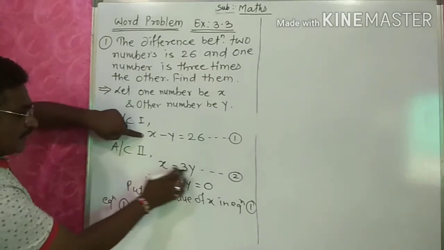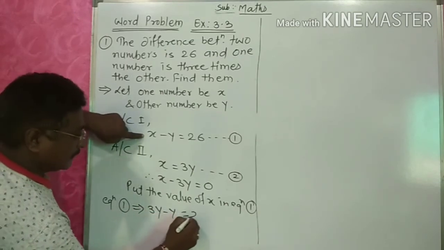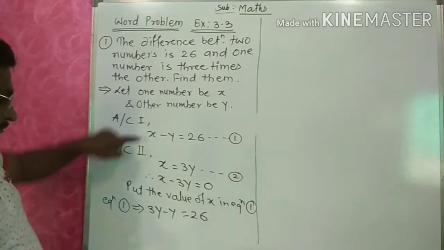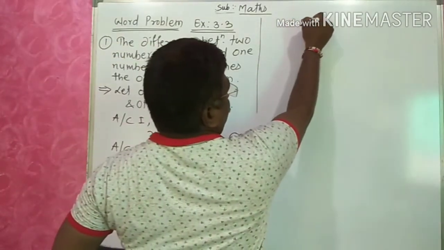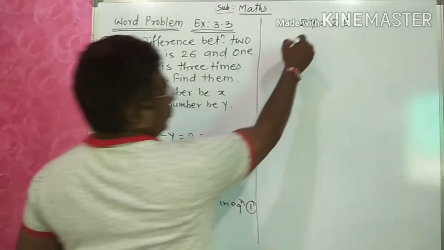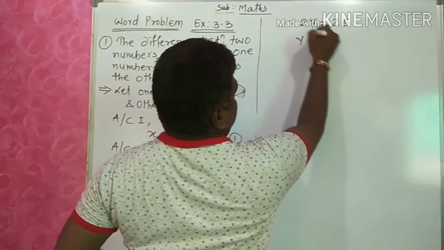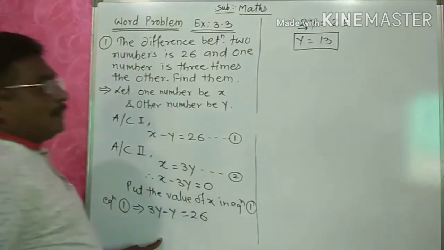What is the value of x? 3y. 3y minus y equals 26. So 3y minus y, what will we get? 2y equals 26. So y equals 13, transferring this 2. So we got the value of y.